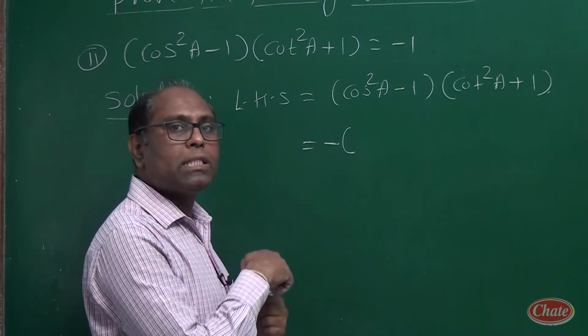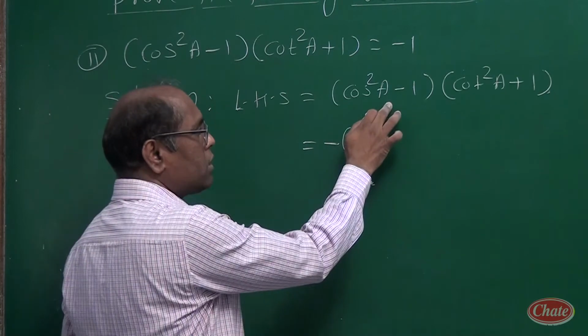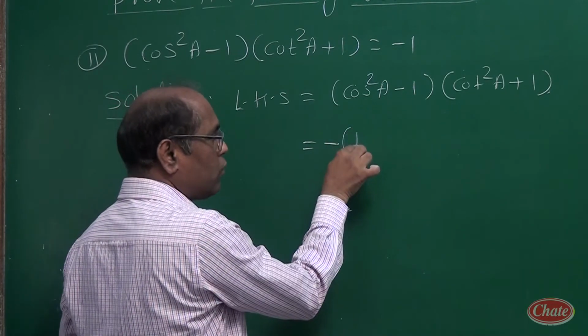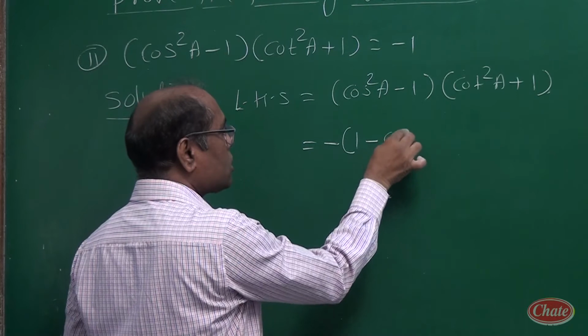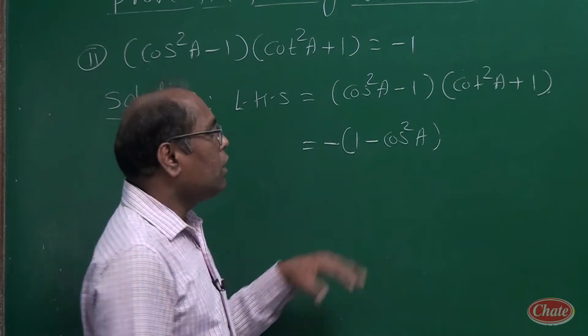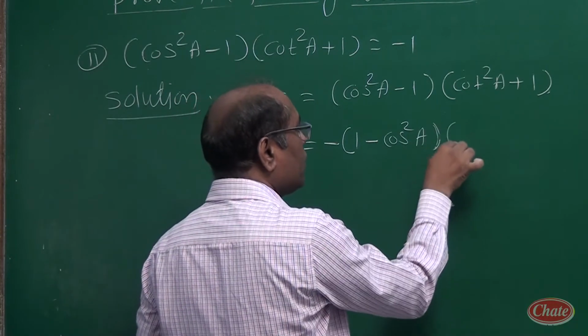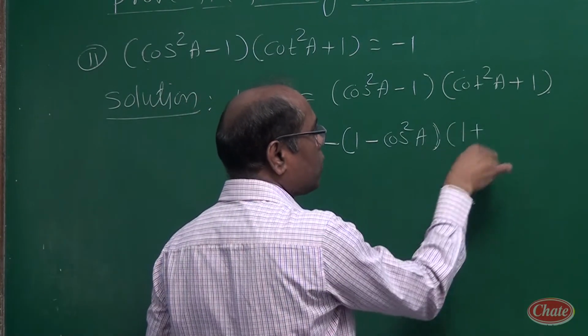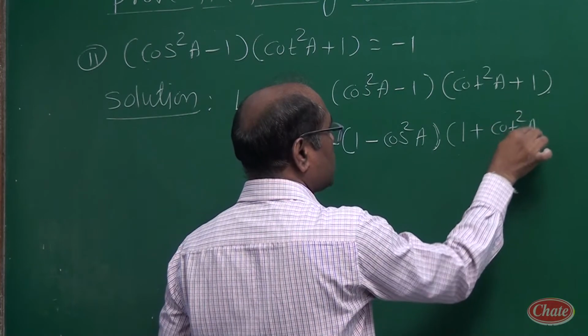If we take the minus sign common, what we get here is minus (1 − cos² A), the sign changes in the bracket, into, in the second bracket, we write this term as 1 + cot² A.